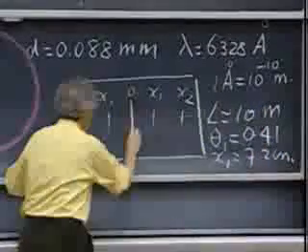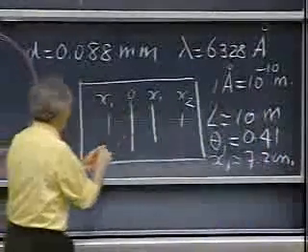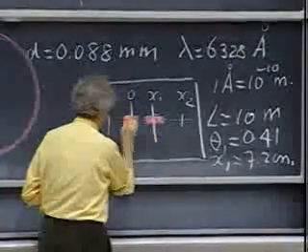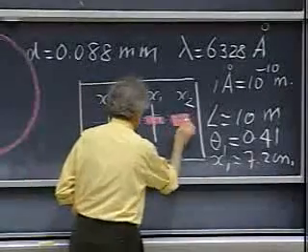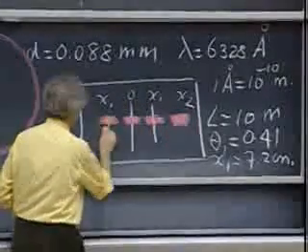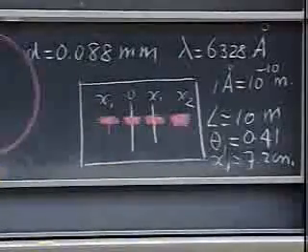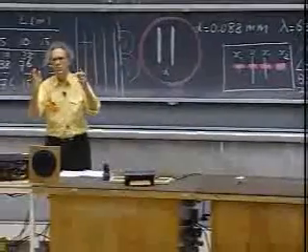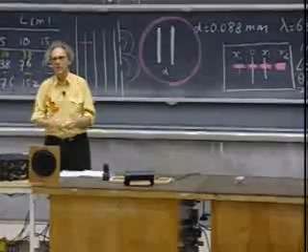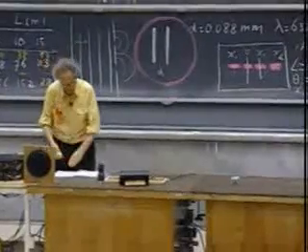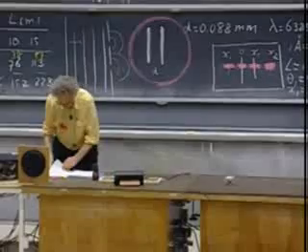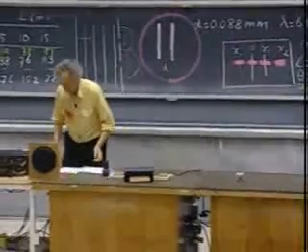So from here to here on the screen, from maximum to maximum, will be about 7.2 centimeters, and from here to here will then of course also be about 7.2 centimeters. And in between, you will see darkness. The light from the two sources, 180 degrees out of phase, and that will give you darkness.